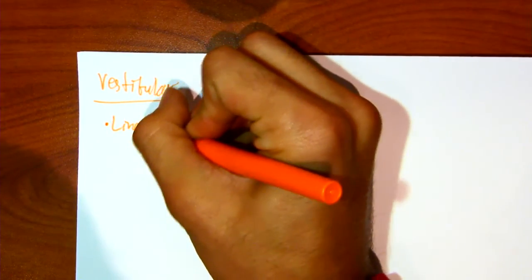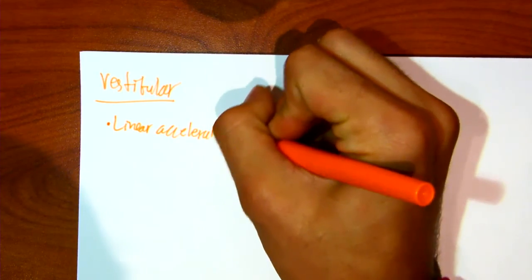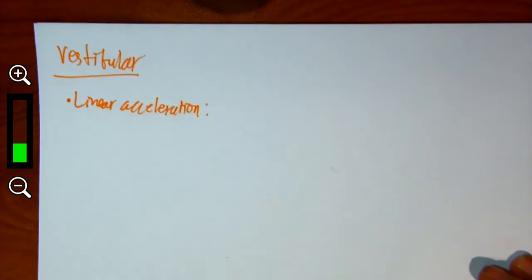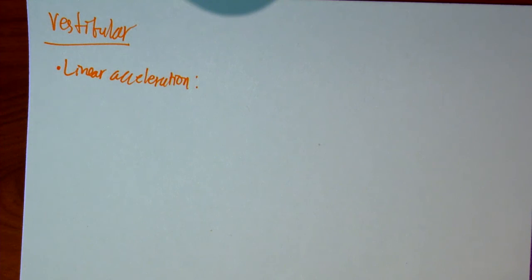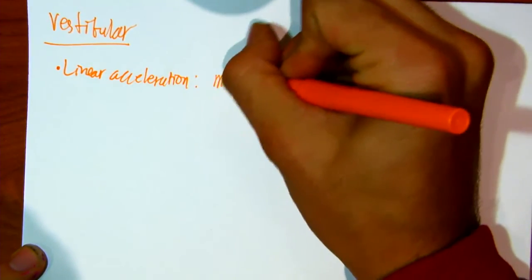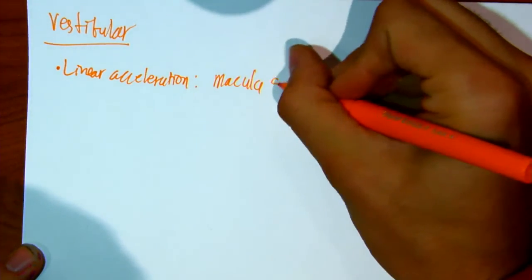So let's say I ask you about linear acceleration. What cells will you have detecting that sort of acceleration? I heard someone say saccule. Yeah, so the type of cells are actually macula cells, and they're located in the saccule.